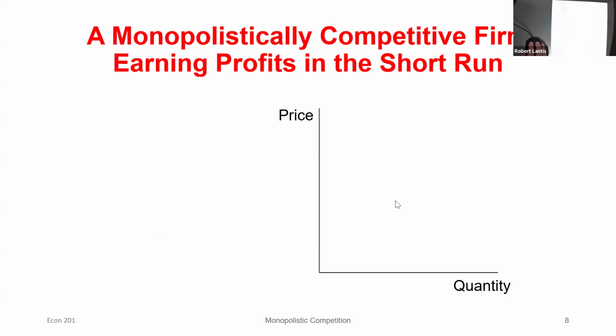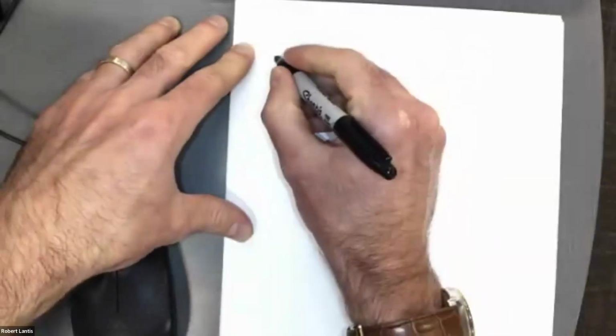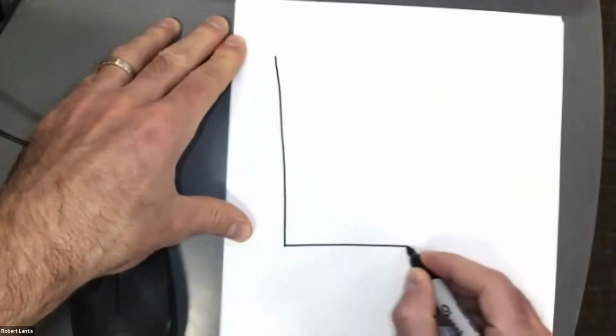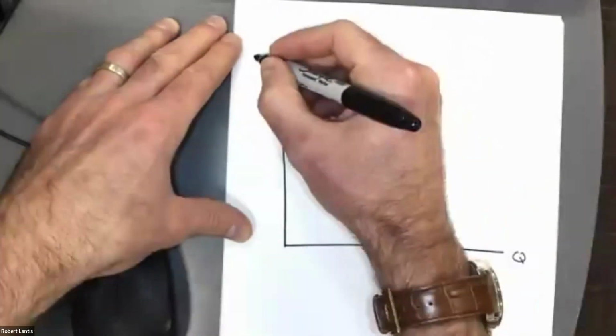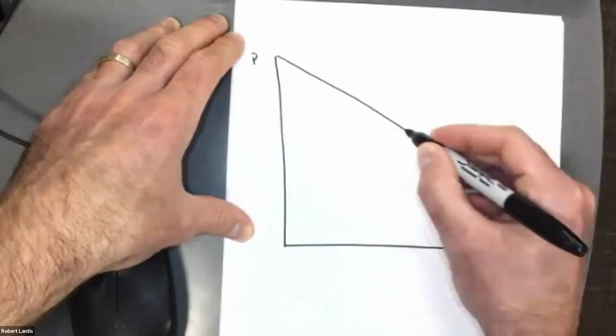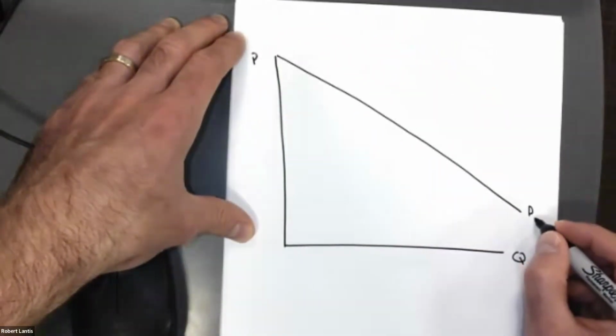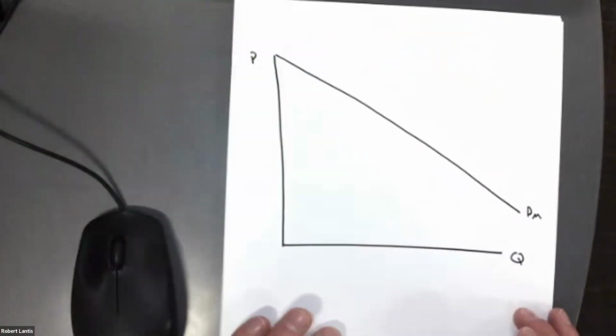So if we think about this monopolistically competitive demand, and we don't often make this comparison, but to give some insight, here would be the overall market demand that a monopolist would face.